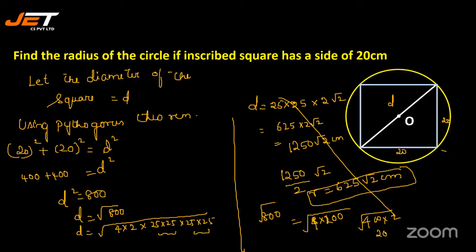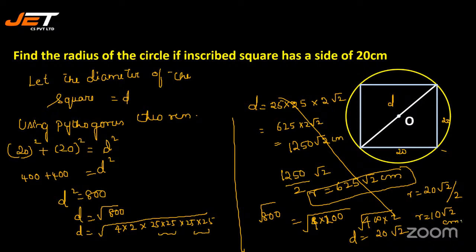20 into 20 is 400. So 20 root 2, right? So this is the diameter. When it comes to radius, it would be 20 root 2 by 2, which is 10 root 2 centimeter.